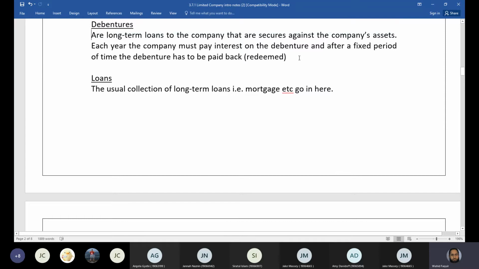One thing might be useful here. When we have a debenture in the questions, it might say something like, let's imagine it's £100,000. The information might say 5%, and then it might say 2030.